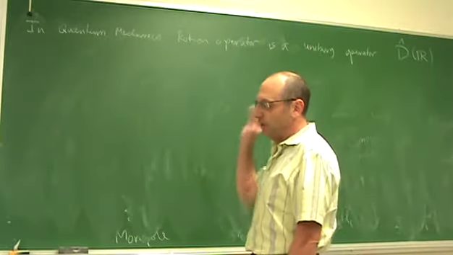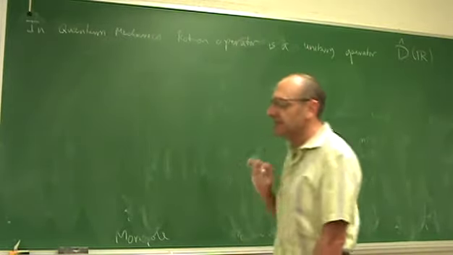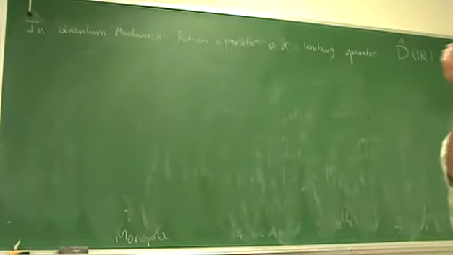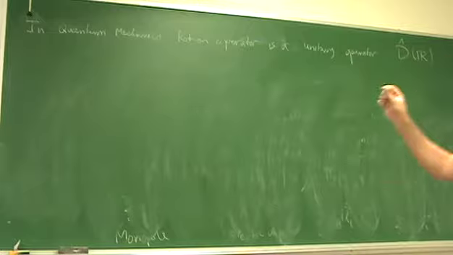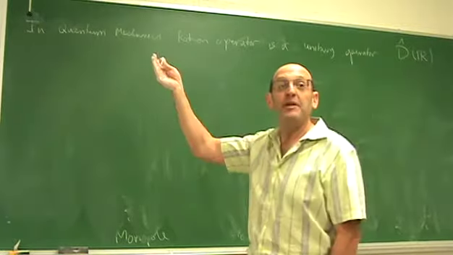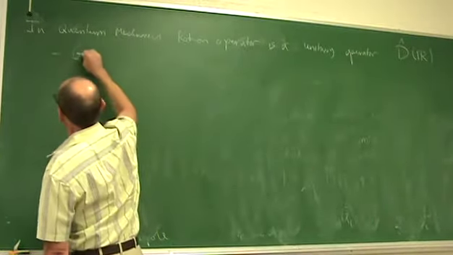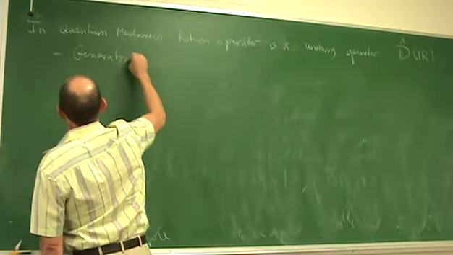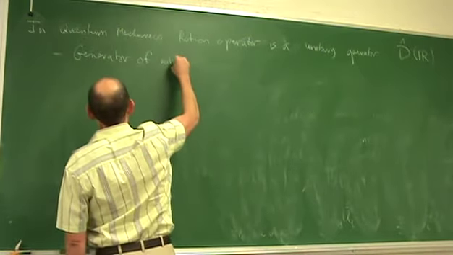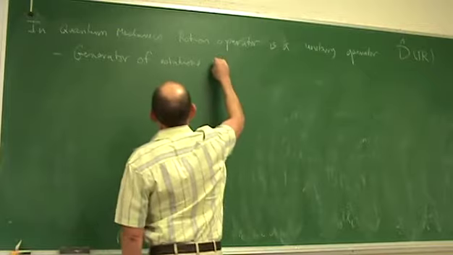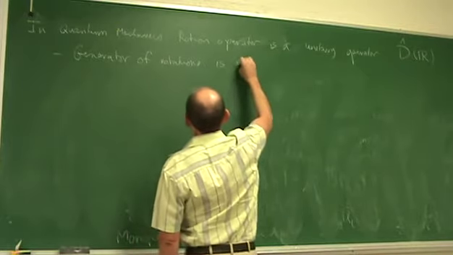Moreover, we know that since these rotations are continuous, represent the elements of a continuous group, they are generated by Hermitian operators. And we know that the generator of rotations is angular momentum.